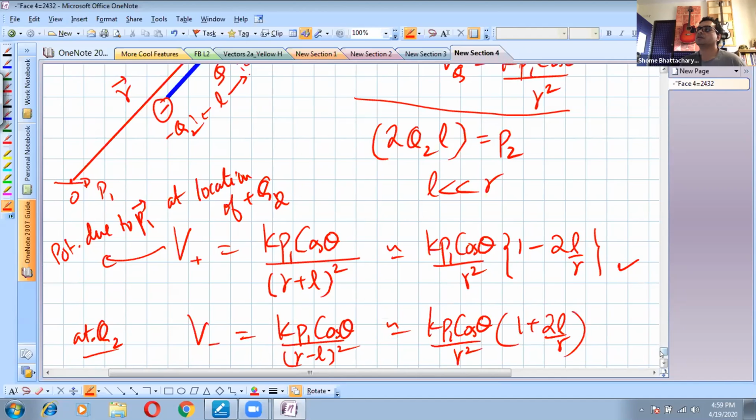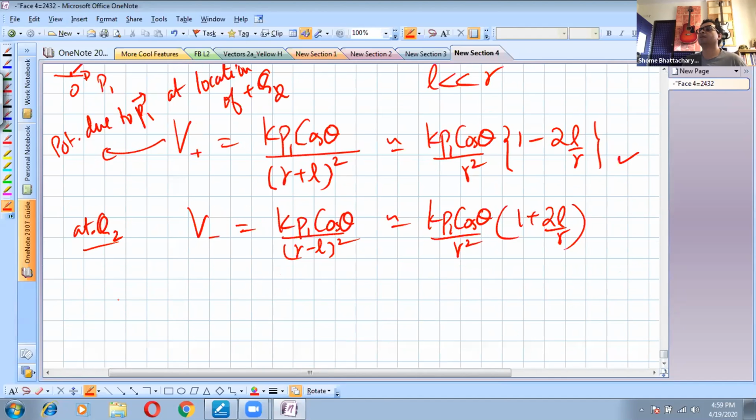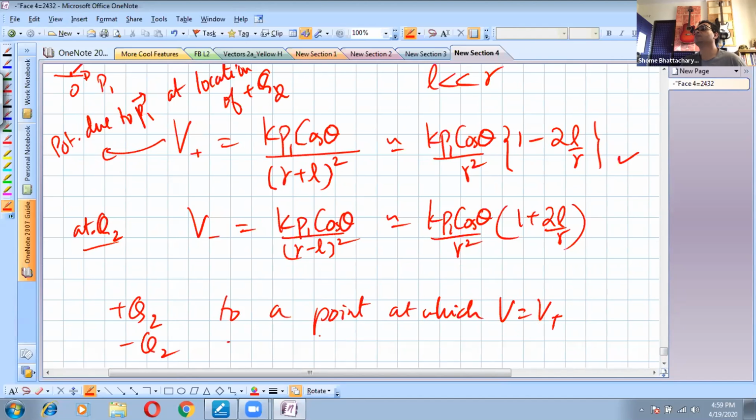Correct? Okay. Now what I'm doing is I'm bringing plus Q2 to a point at which the potential is equal to V plus, and minus Q2 to a point where the potential is V minus. These expressions that I've just written.